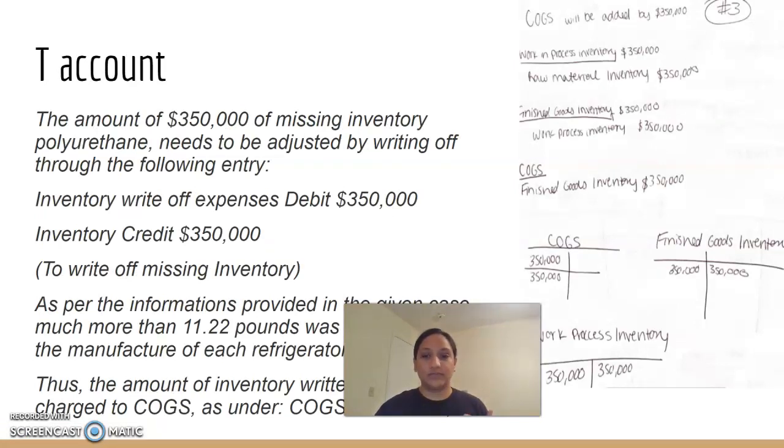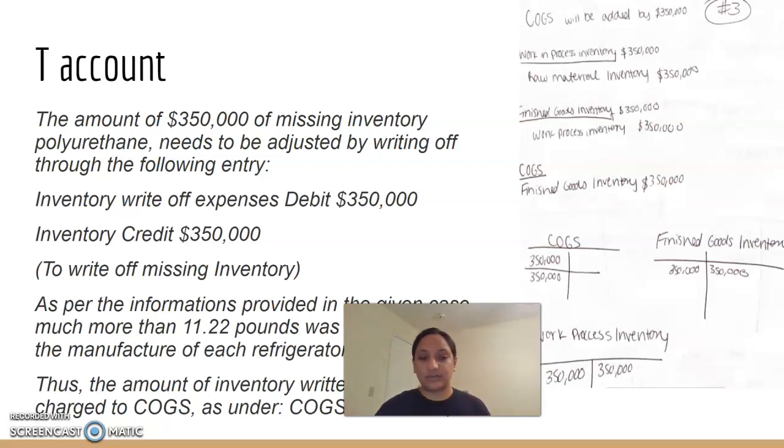The amount of 350,000 was in missing inventory and needs to be adjusted and written off. So the write-off expense is a 350,000 debit and credit. As you can see in my T account to my right, I put in the work in process, the finished goods, and the cost of goods services.